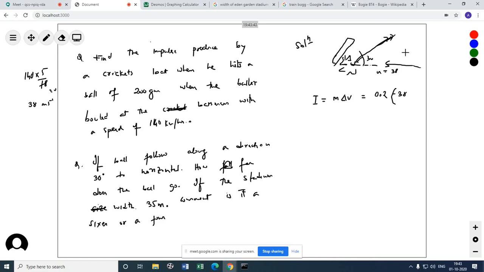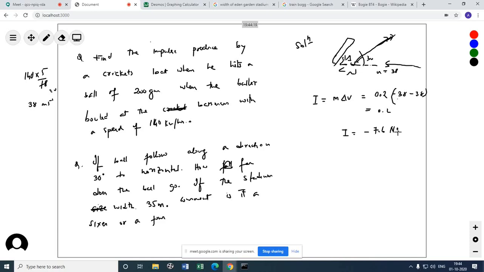Here we are checking that the ball and bat are along the same line, so you take the initial as 38 only, and the final is opposite, so minus 38. Solve it and tell me how much. So minus 7.6 Newton seconds.